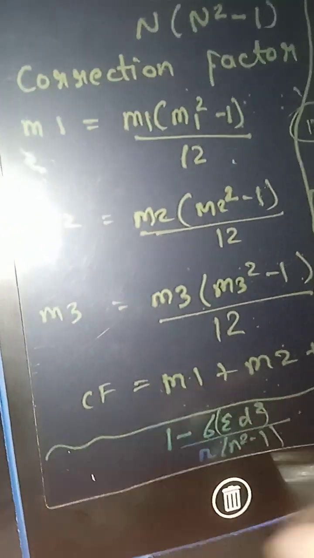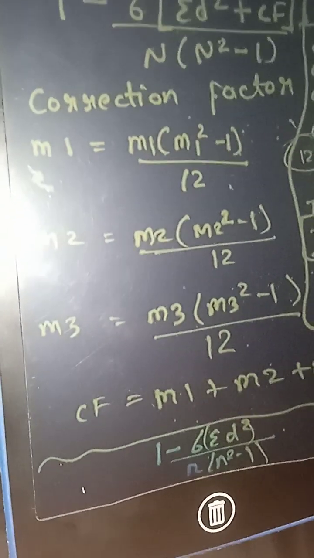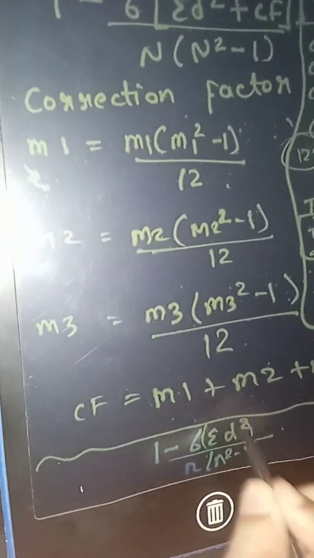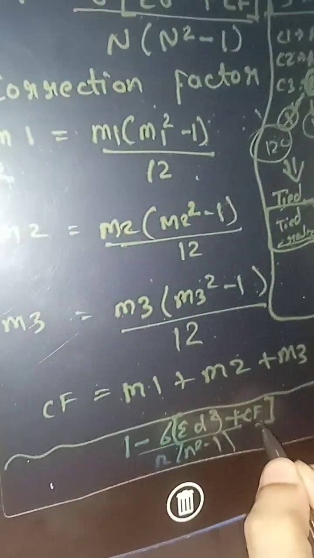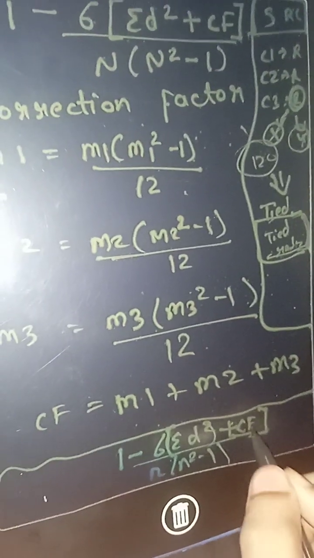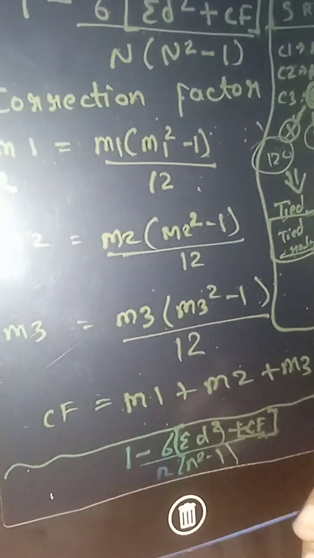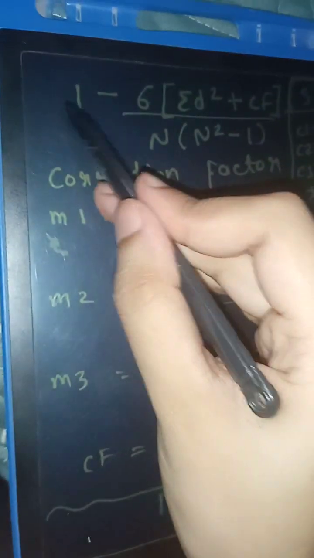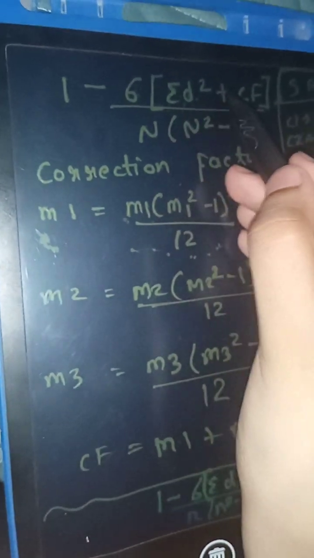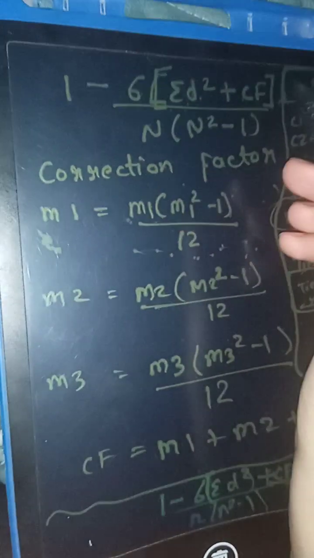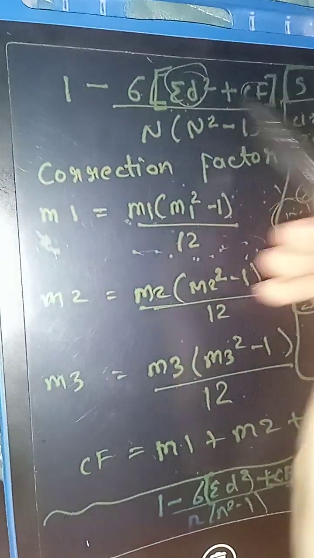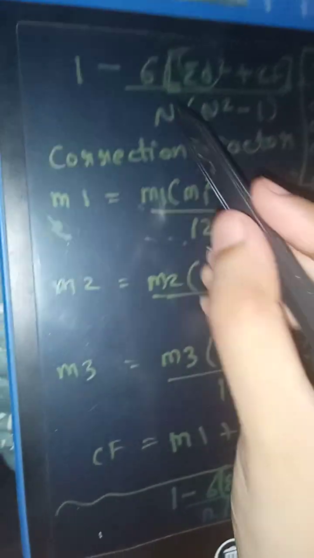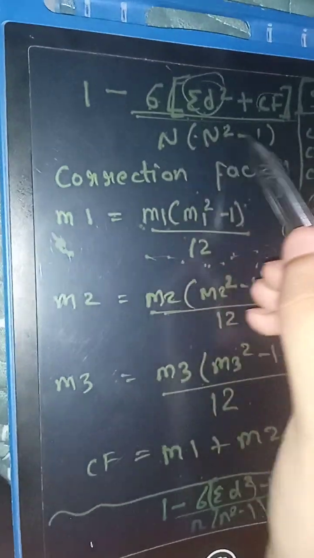Now just one thing will be added in this formula, and that is CF. This CF is not cumulative frequency, it is the correction factor. So the formula is 1 minus 6 into the bracket of sigma d square plus CF, which means you have to find this and add CF before multiplying by 6, and then divide by n square minus 1.